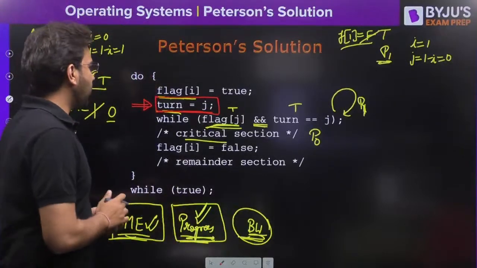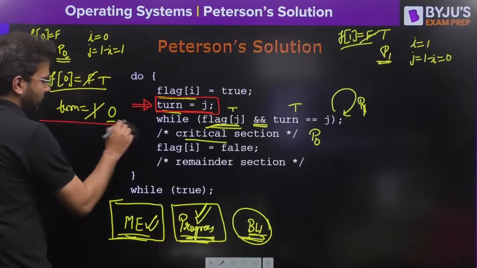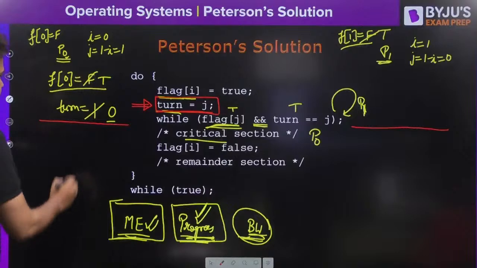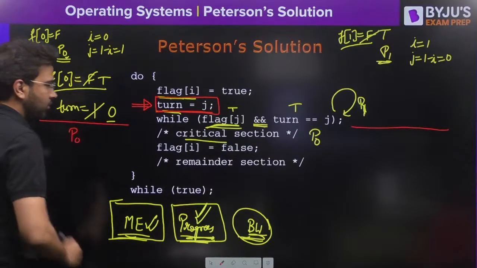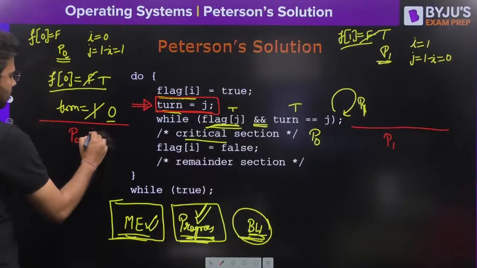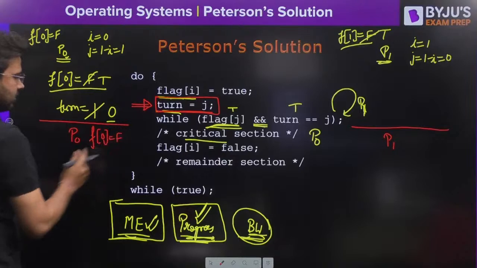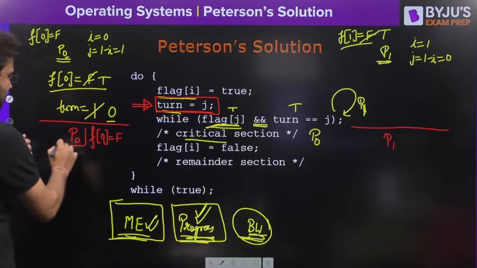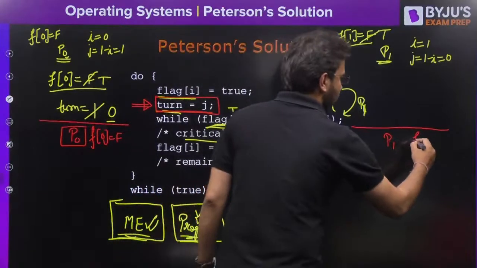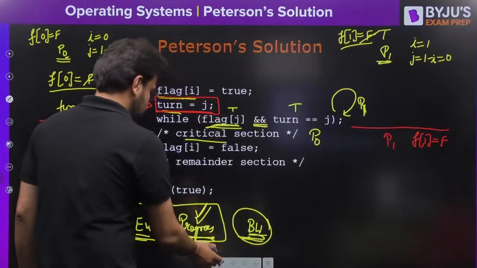Now carefully see how. Okay, so let me take this case again so that I can make you understand how bounded waiting is satisfied. So here we have, let's say, P0, and here we have, let's say, P1. Flag of 0, let's say it is false. Carefully listen to this. Flag of 0 is equal to false, and here flag of 1 is equal to false.